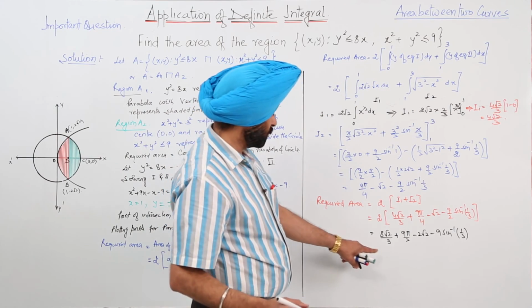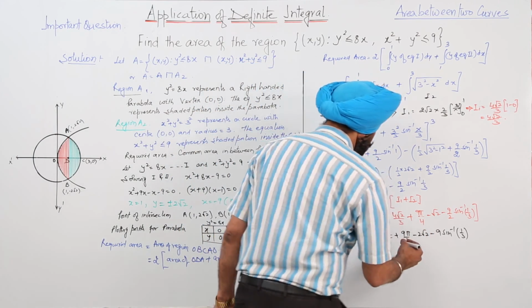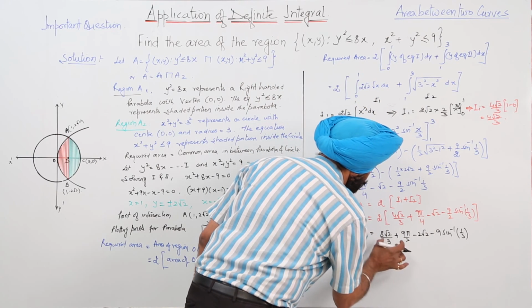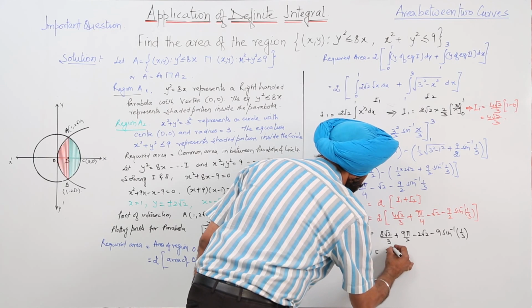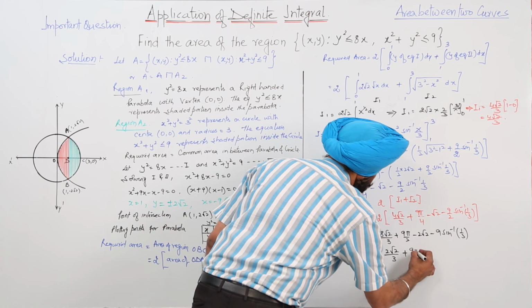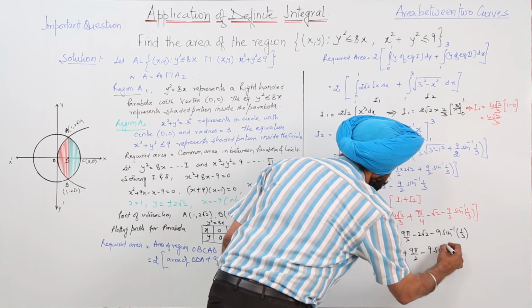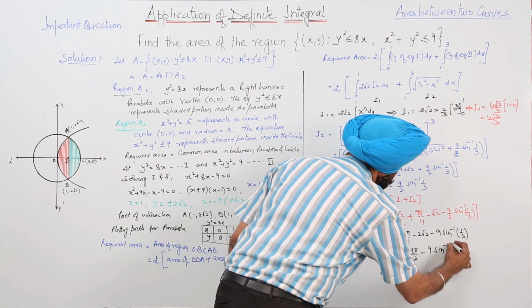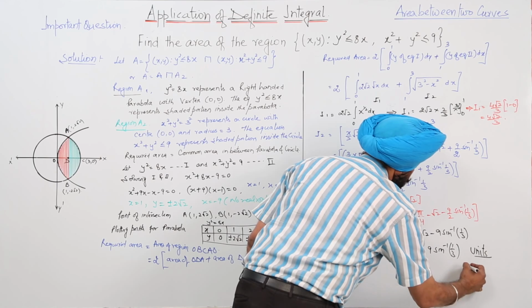Or if we wish, we can merge all these things together. Let's merge this one and this portion. So this becomes 2 root 2 by 3 plus 9 pi by 2 minus 9 sine inverse 1 by 3 units. This is the answer.